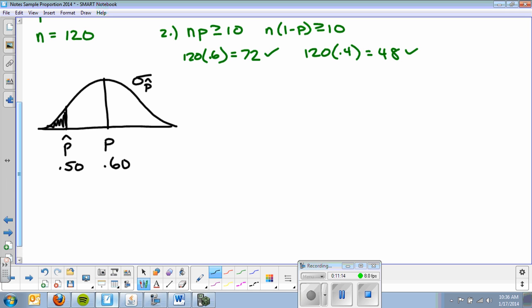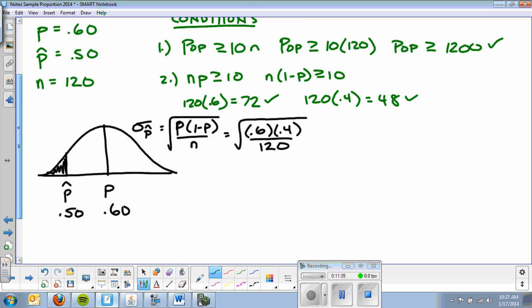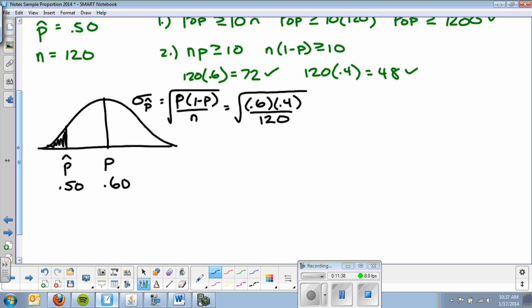My standard deviation of P hat, sigma sub P hat, is again the square root of P times 1 minus P over N, which is the square root of 0.6 times 0.4 over 120. Again, all of this information I'm getting from these three numbers. So that's going to give me a standard deviation of the sampling distribution of 0.0447.